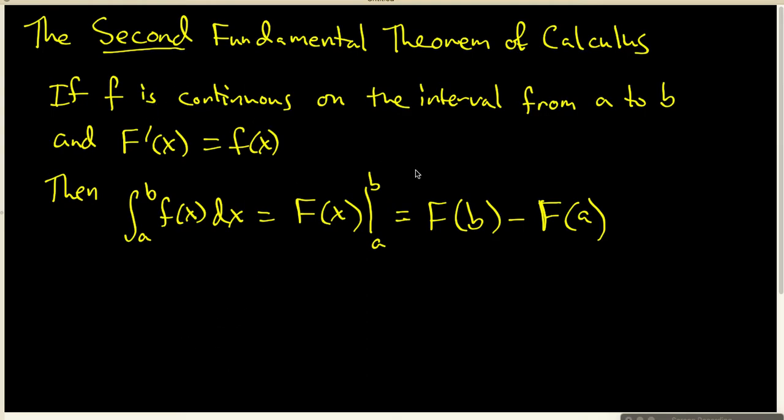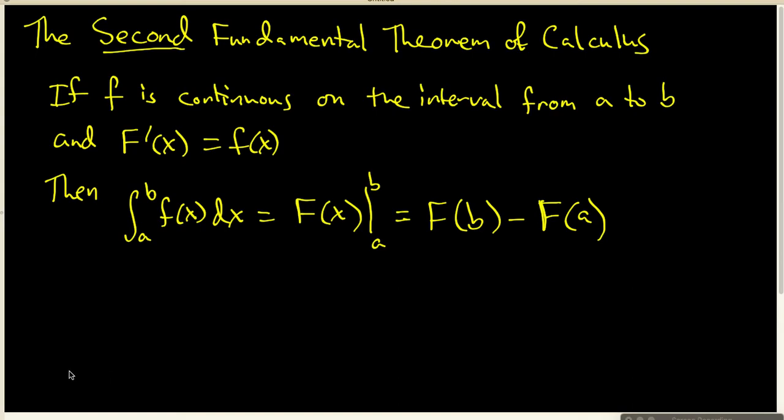If f is a continuous function on the interval from A to B, and capital F is any antiderivative of little f, the definite integral is equal to capital F of x evaluated between A and B, which is equal to capital F of B minus capital F of A. Now, if we happen to have a problem where an antiderivative is easy to find, the second fundamental theorem of calculus makes it easy to find the area.